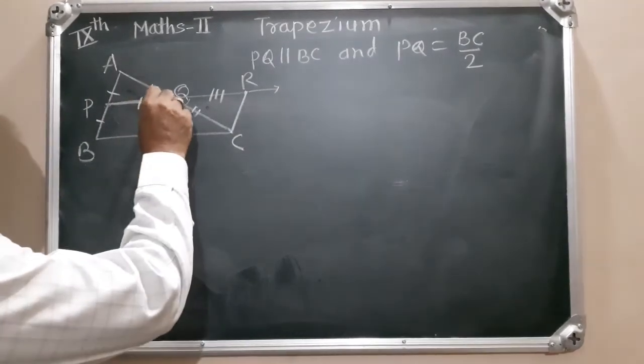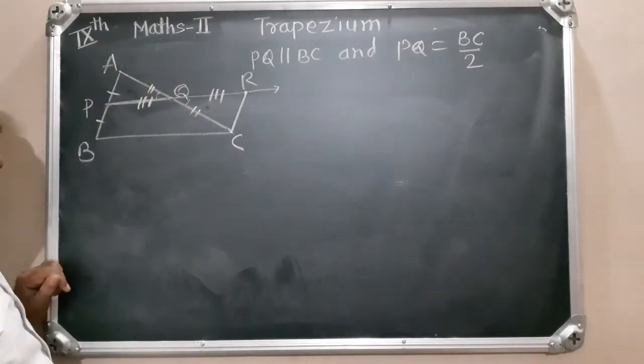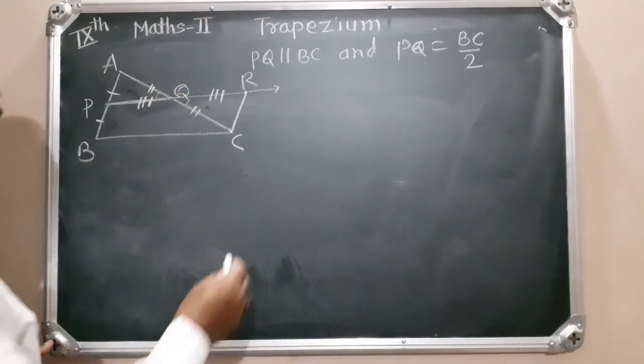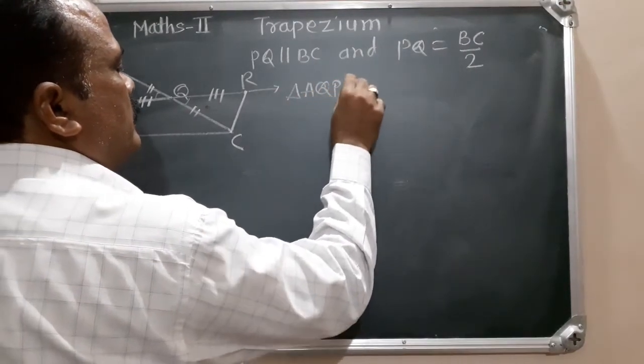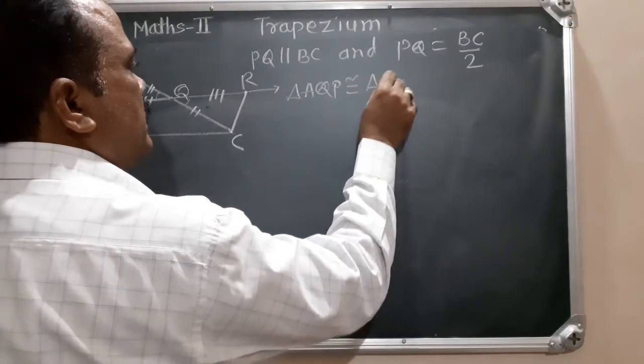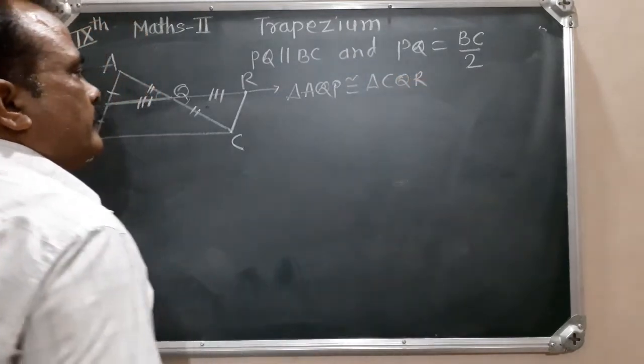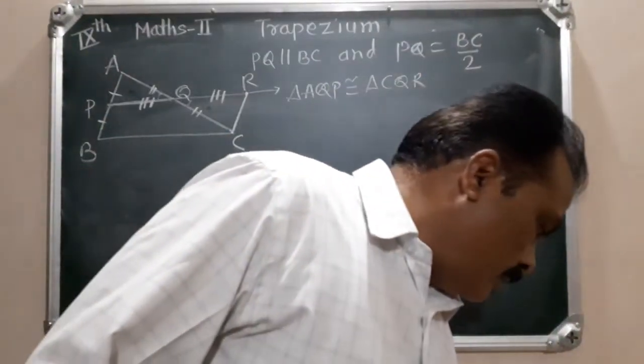So by SAS test, triangle AQP is congruent to triangle CQR. If these two triangles are congruent, then their remaining corresponding angles and corresponding sides must be congruent.